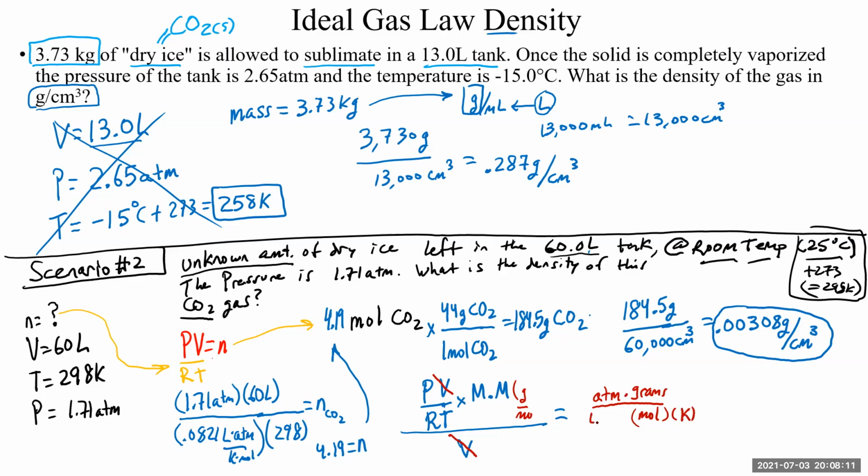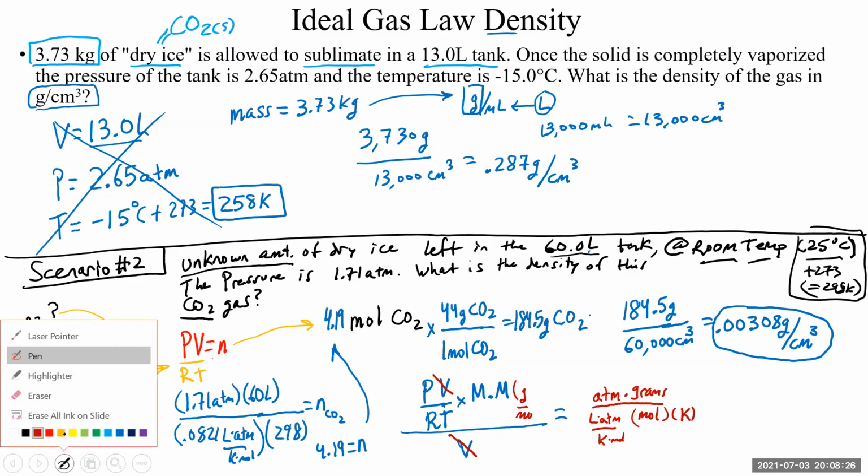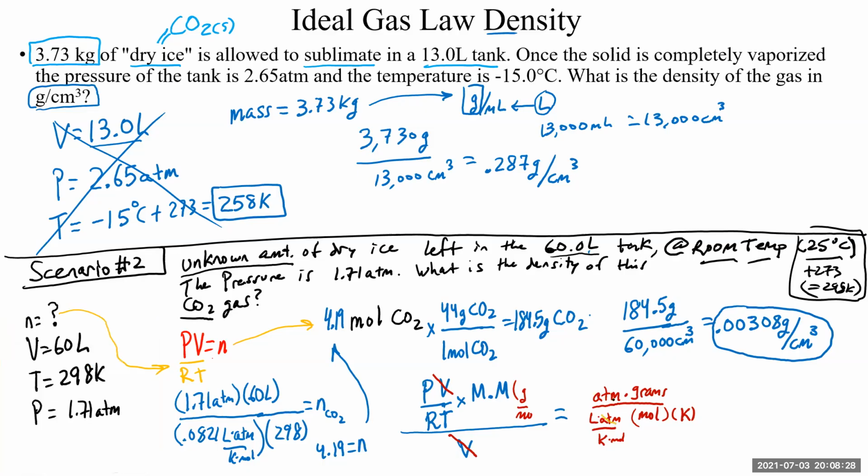So you're going to have your liters, atmospheres, kelvins and moles on the bottom. So let's see what cancels out. Atmospheres will cancel out, moles will cancel out, kelvins will cancel out. The only thing that won't cancel out are the grams per.